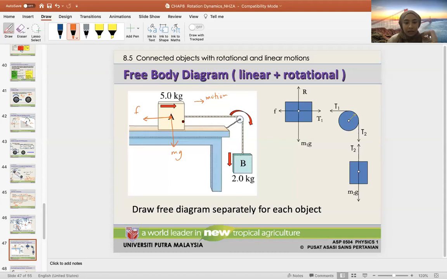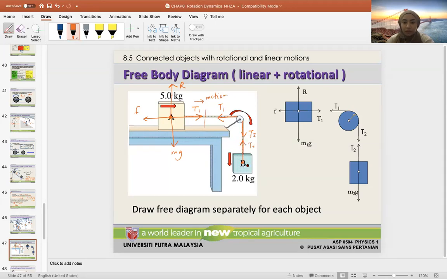And since the box is on top of a surface, it will have a reaction force, right? And this is connected to a string, so it will have tension. Tension always points towards the center of the string. This is my pulley system. I also have tension. So if this is T1, this is also T1. If this is T2, this is also T2.